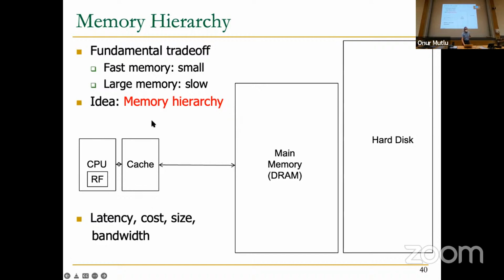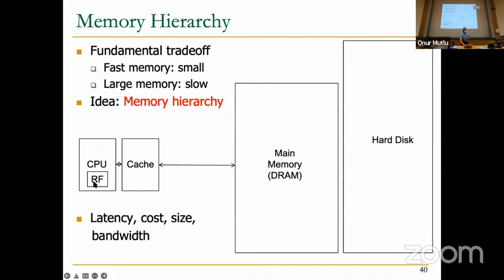So the fundamental trade-off is fast memories are small, large memories are slow, basically. There are also other cost and bandwidth trade-offs, right? As you go from left to right in this memory hierarchy, you try to get the best of every single level, if you will. As you go from left to right, latency of the level increases, cost of the level decreases, size of the level increases, and bandwidth of the level also decreases.